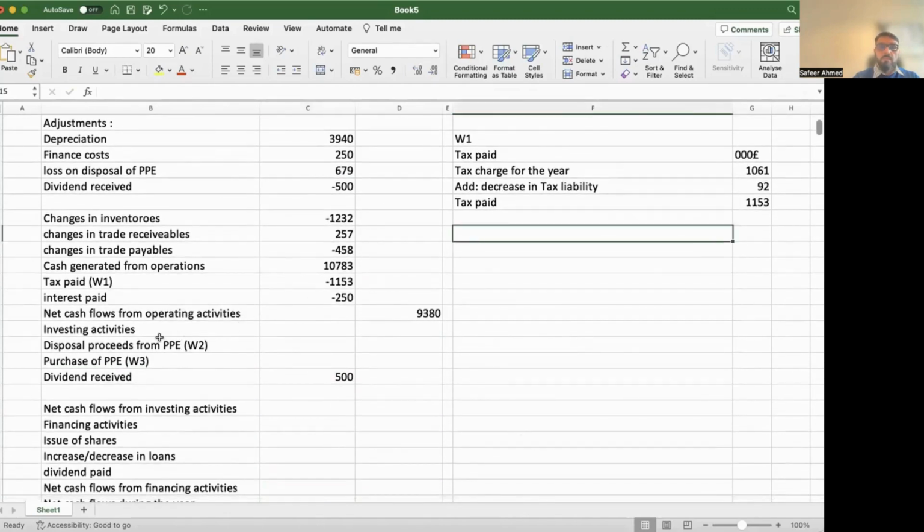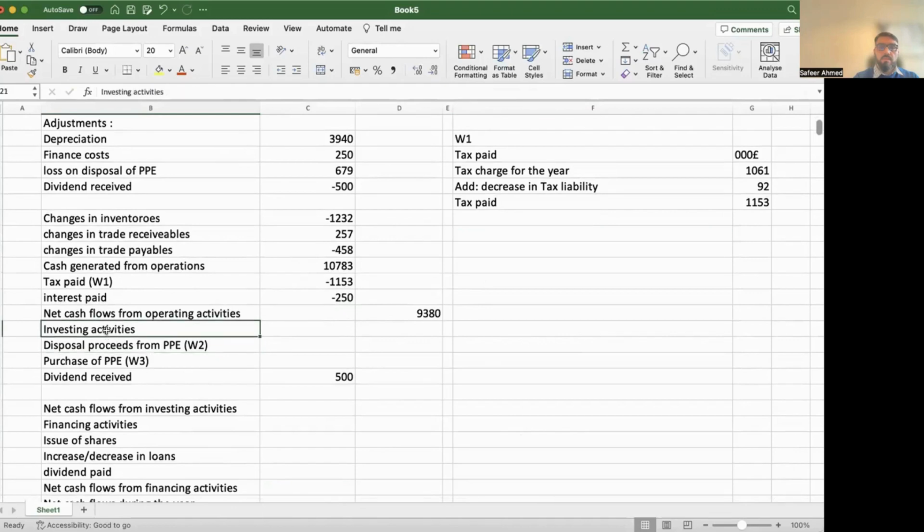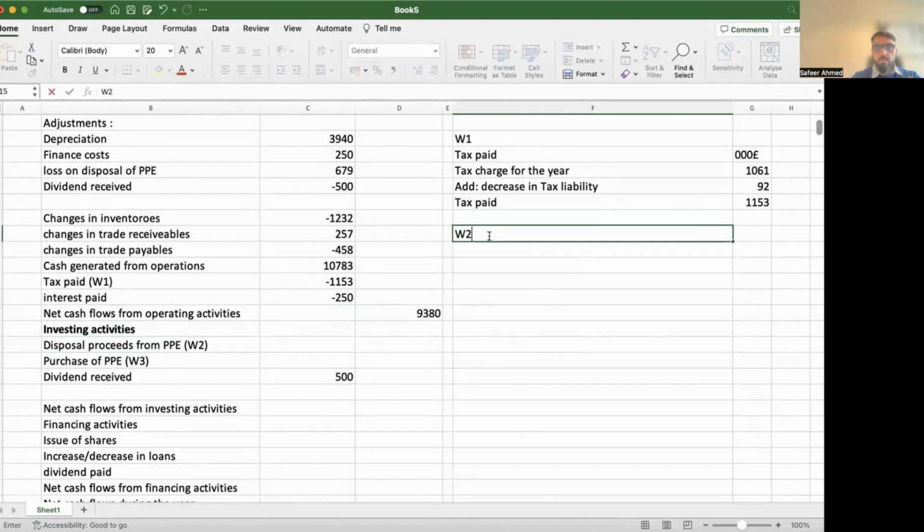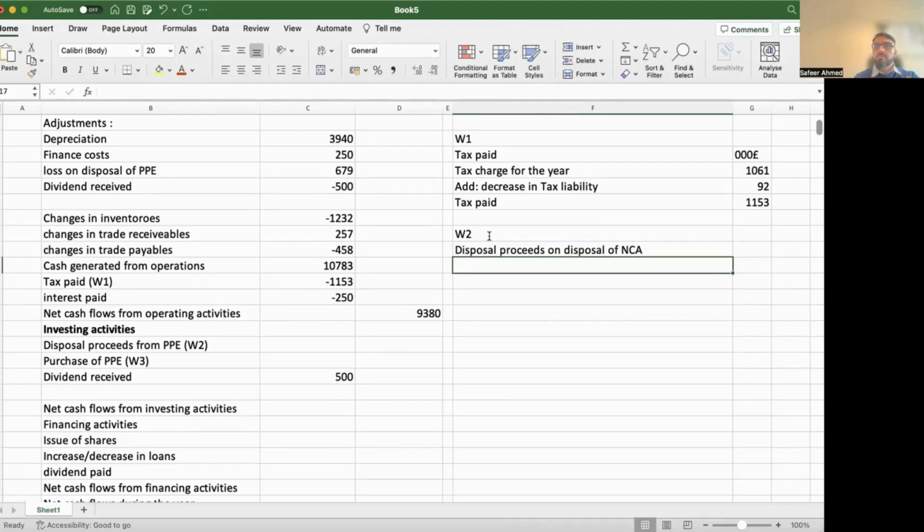Now, the other couple of items here for investing activities, we need to do the working for them. So working 2, which is we need to find out the disposal proceeds on disposal of non-current asset. You will start with the carrying amount of the asset sold.